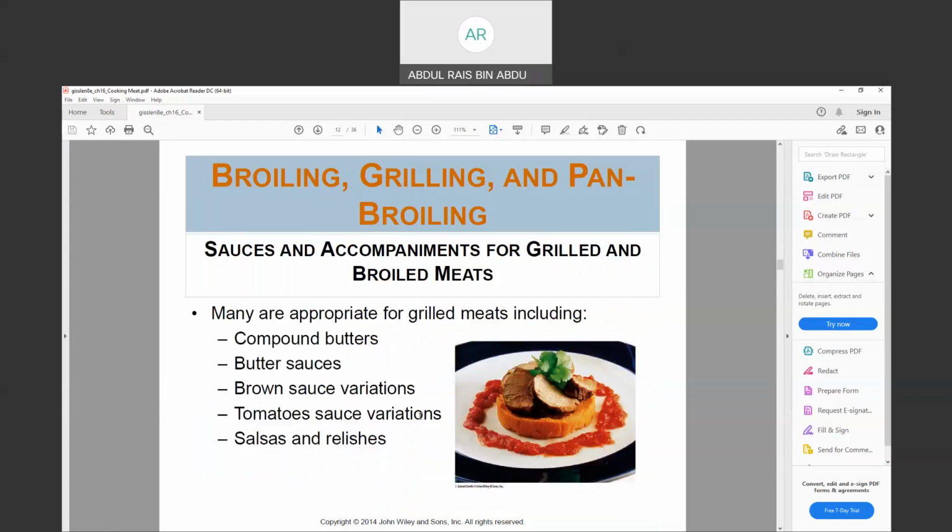All right. So when you eat any form of meat, whether it's steak or cut in thin slices, it is usually eaten with an accompaniment of sauces.